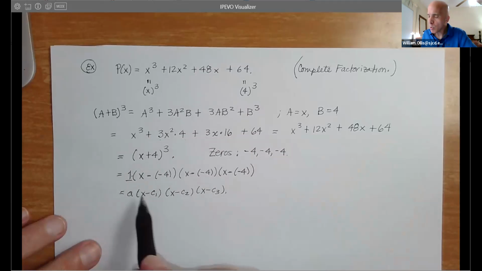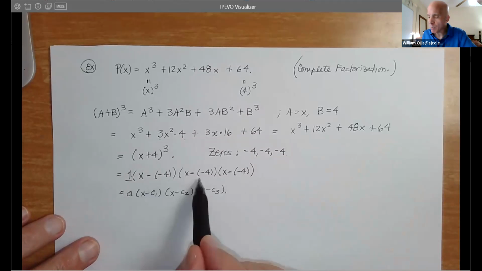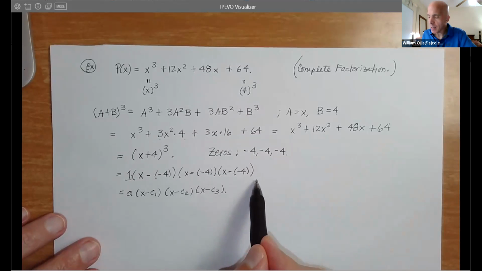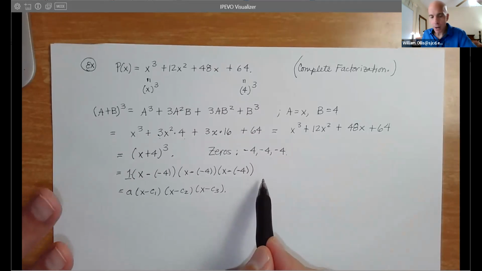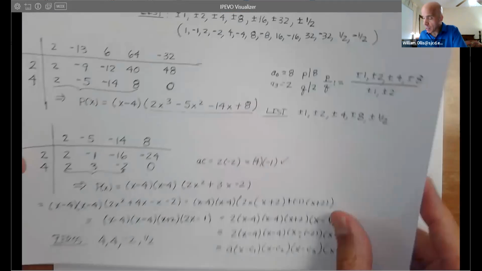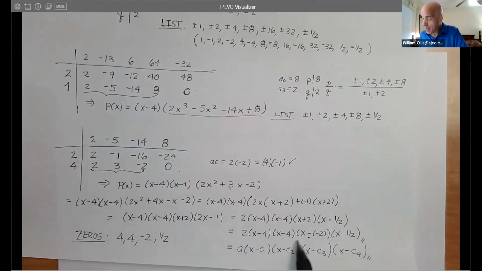But of course, you wouldn't need to do this. I'm just trying to make the point here that this is always possible. And even though it's overkill, when you compare it to the last one, we see we're doing the same thing here. The c1, the c2, the c3, the c4. Okay?